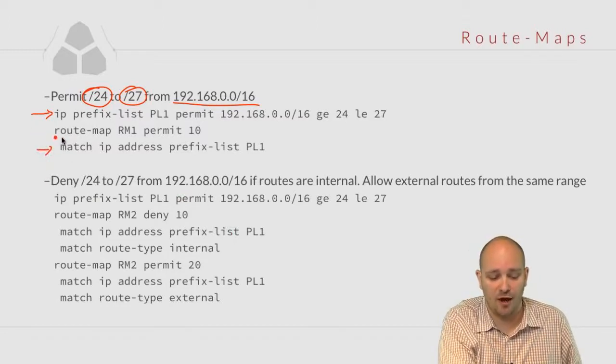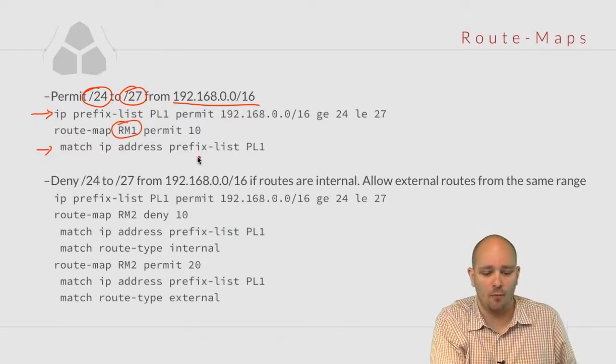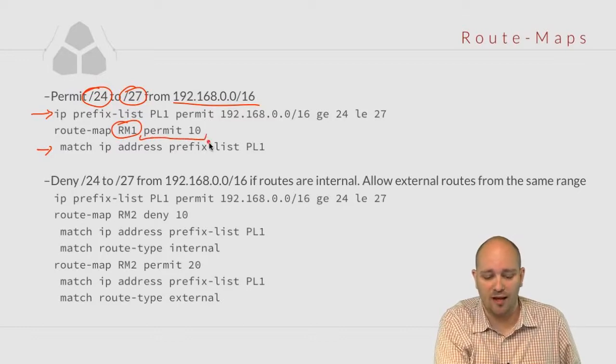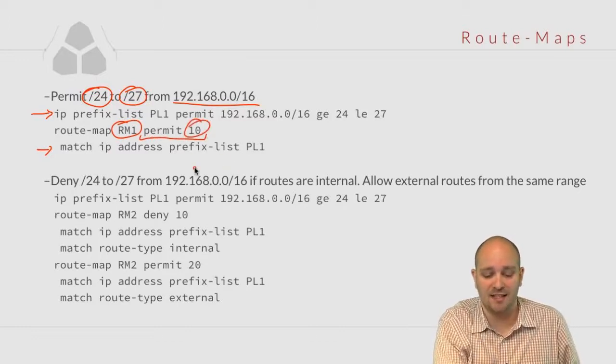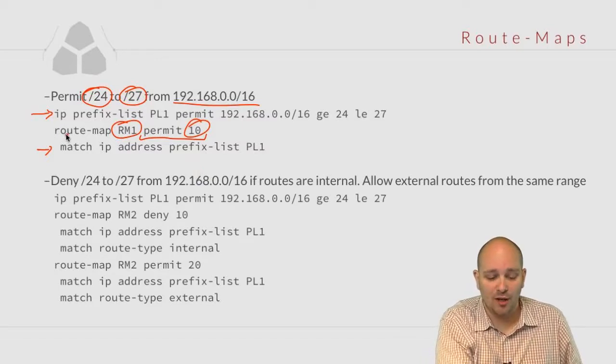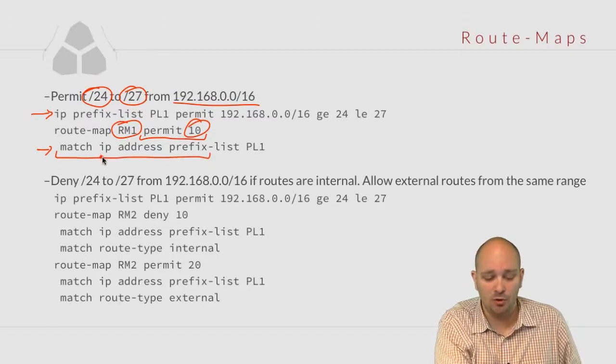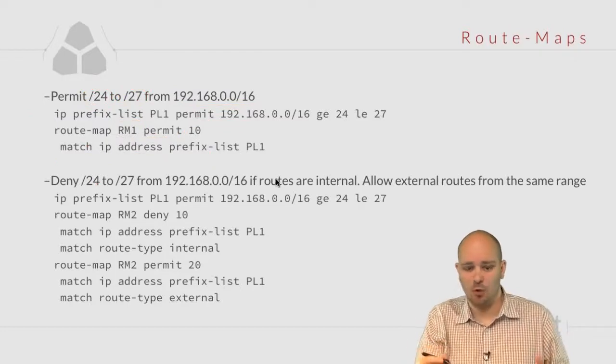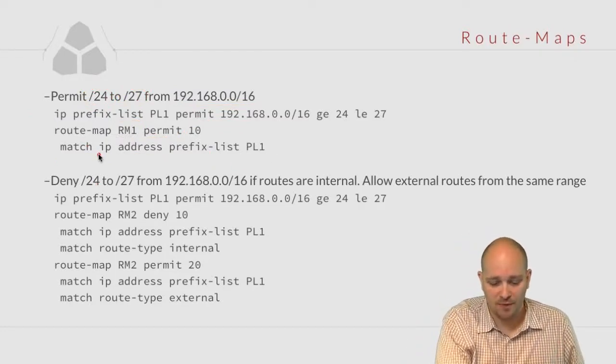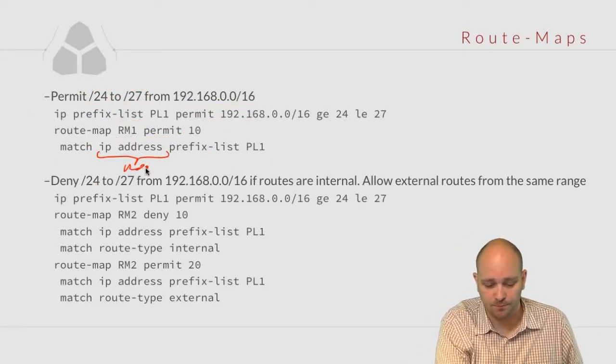So we would define a route map with the name RM1 in my case, and we want to have an action permit and the sequence of 10. So in this route map, we are then going to specify what it is that we are going to be matching. And we want to match the IP address, and in this case, the IP address keyword is used to match really the route.